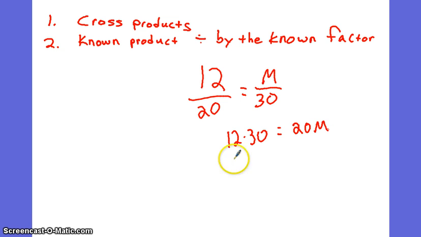And step 2 says we want to divide. 12 times 30 is 360, equals 20M. So we want to divide the known product by the known factor, 20. So 360 divided by 20.